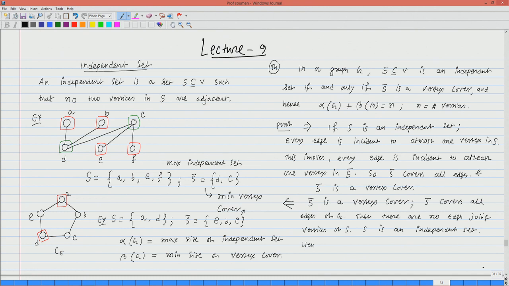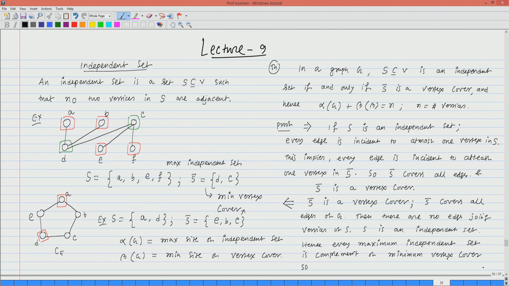Hence, every maximum independent set is the complement of a minimum vertex cover.